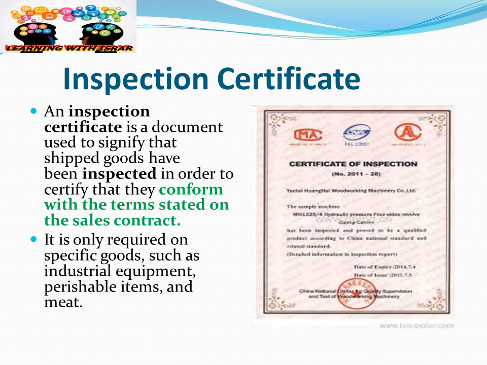It is only required on specific goods, if this is a condition in your sales contract. Another document could be the certificate of origin, showing where they are shipping from, and it will be mentioned in our shipping documents.